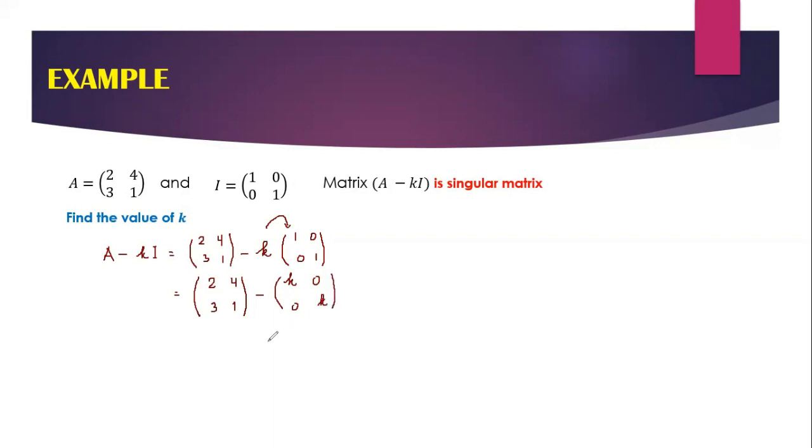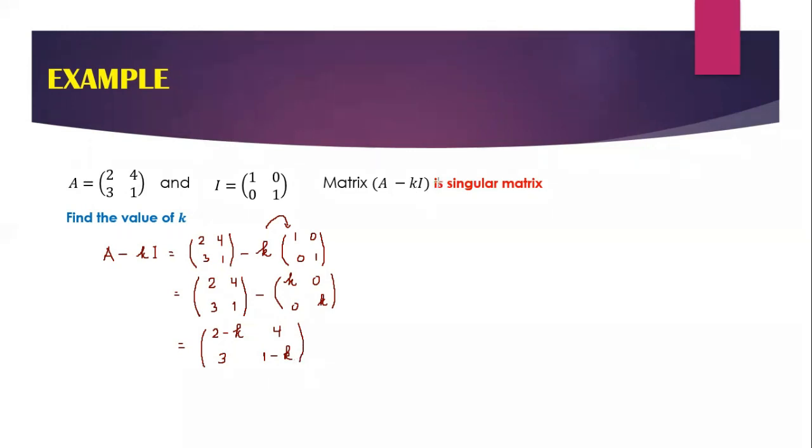Next, we can simplify this matrix: 2 minus k, 4 minus 0 is 4, 3 minus 0 is 3, and the last is 1 minus k. Is it clear, everyone?